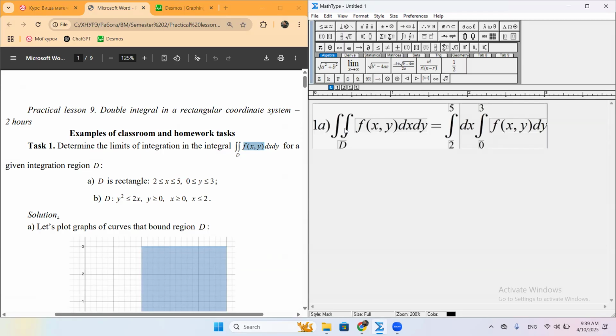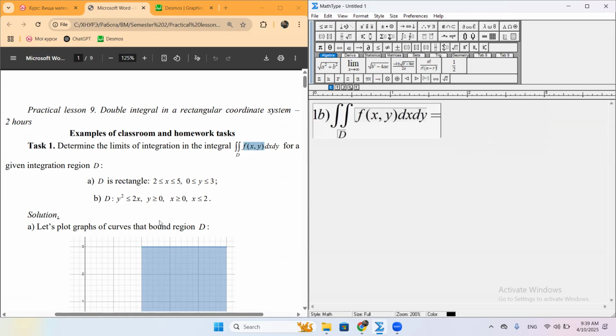Okay, no questions. So let's move next to 1b. We have another region bounded by the following curves.